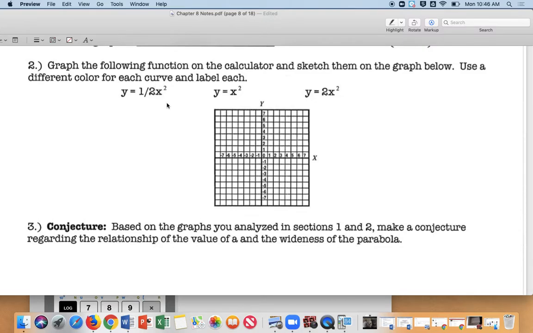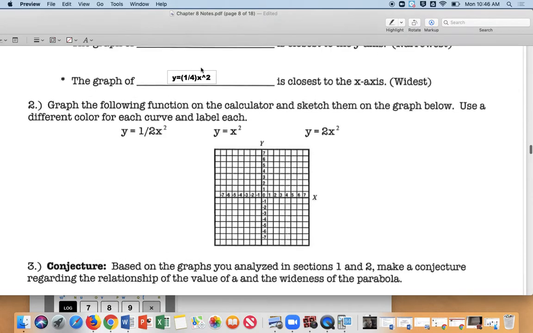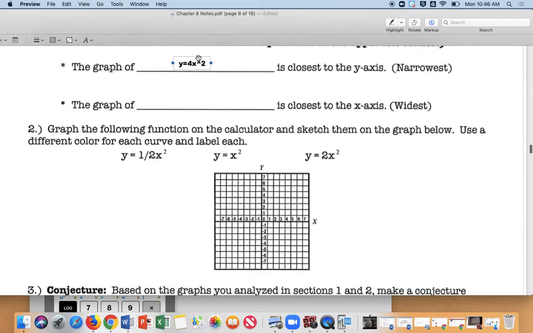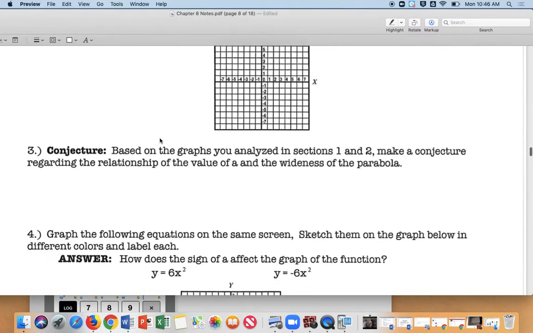I'm going to give you a second to do that. All right, the narrowest one would be y equals 2x squared, and the widest one would be y equals 1/2 x squared.